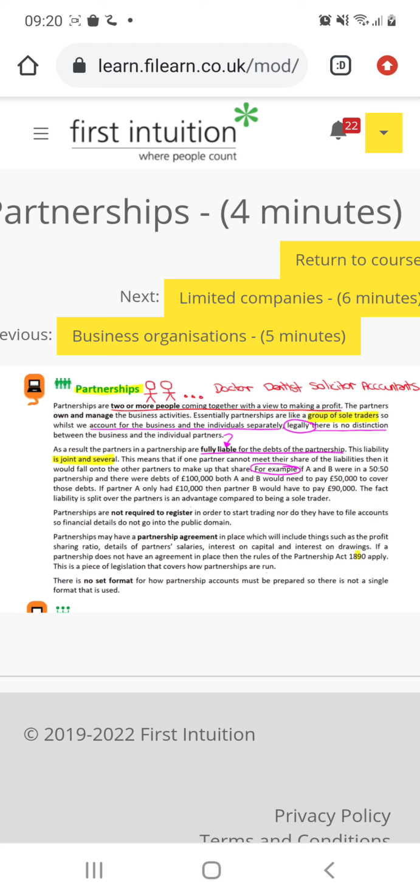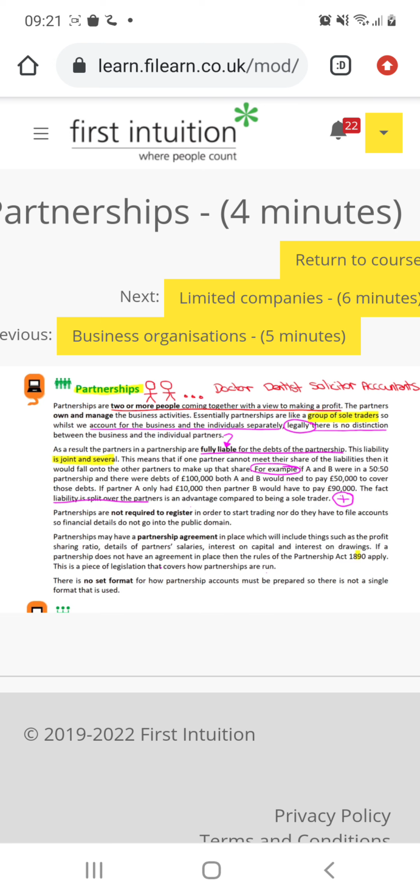If partner A, however, only had £10,000, then partner B would have to pay the remaining £90,000. The liability is split over the partners, and this is an advantage compared to a sole trader that we saw in the previous recording.